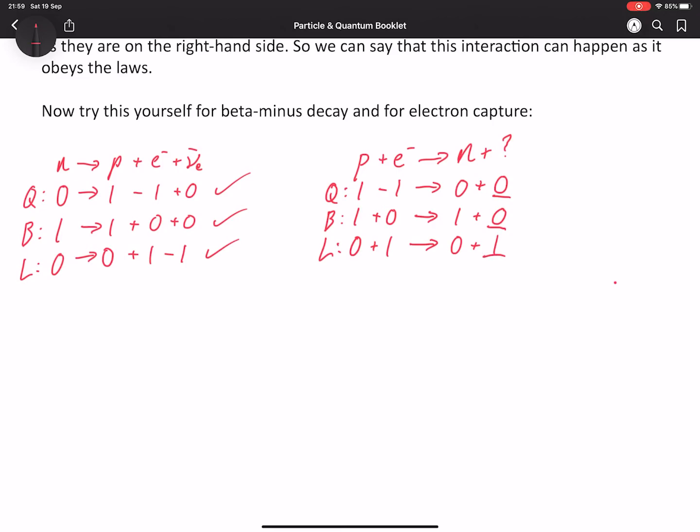So we now know that this particle has no charge, is not a baryon, is a lepton, and the only particle that matches is a neutrino. And to finish it off, as we have an electron present, this must be an electron neutrino. Simple as that.